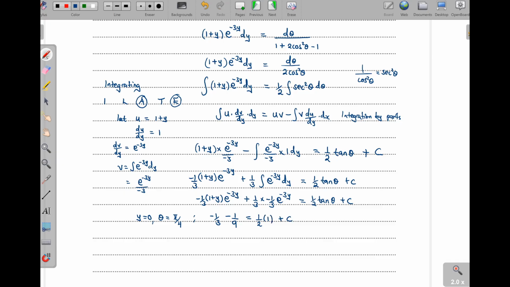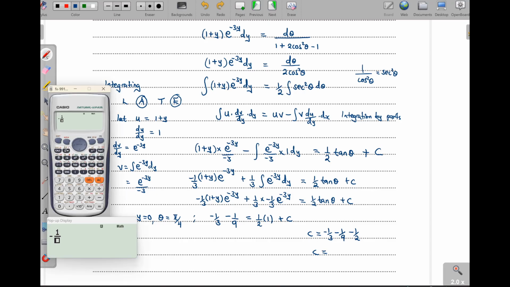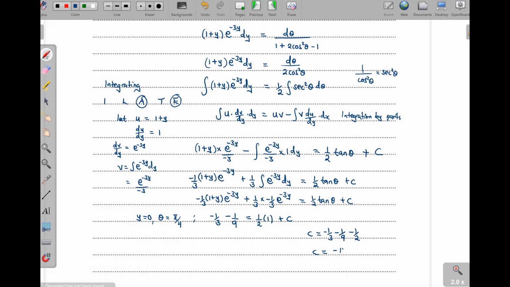So that one is a 1. Then plus the c. So that means your c is going to be, bring this on this side, so you have negative a third minus 1 over 9, then minus a half. So c gives us negative a third, then minus 1 out of 9, then minus 1 out of 2. Then we get negative 17 over 18. Negative 17 over 18.